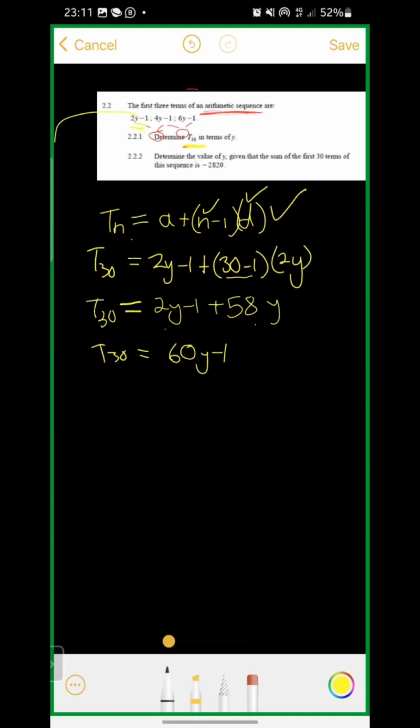If it was a 1-mark question, I could see the answer just by observing. The first term is 2y minus 1, the second term is 4y minus 1, the third is 6y minus 1. So it's minus 1 each time. And with the 2y, 4y, 6y, it's 1 times 2, then 2 times 2, then 3 times 2.